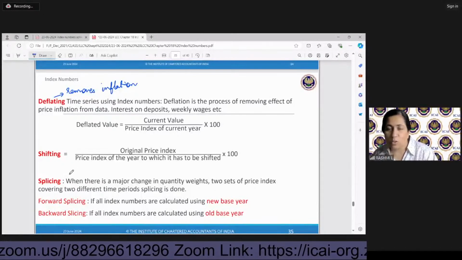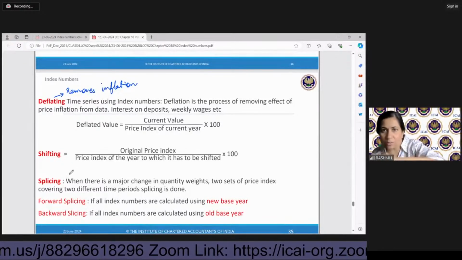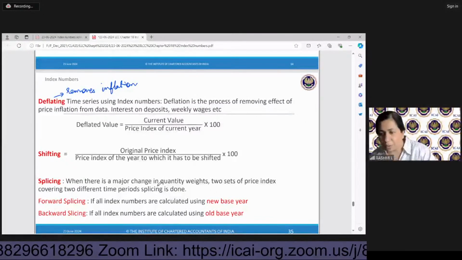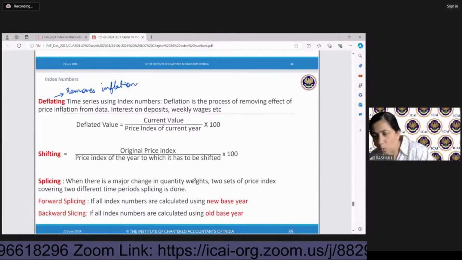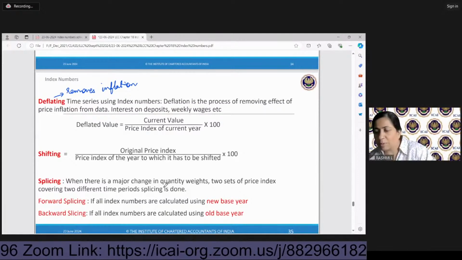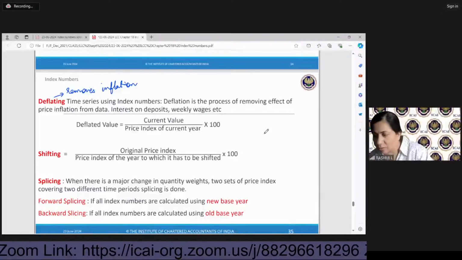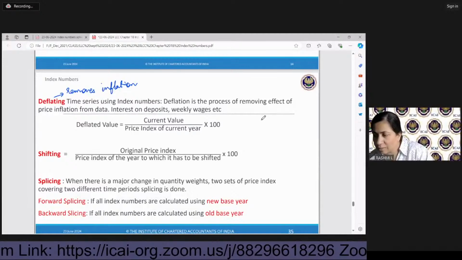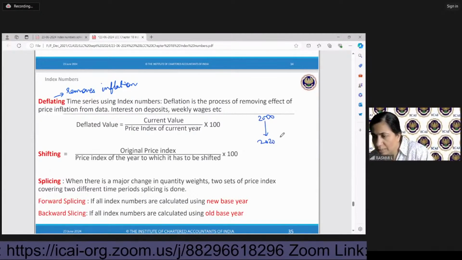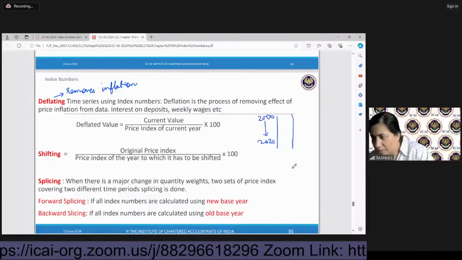Then splicing. So splice means what? You slice into two periods. So when there is a major change in quantity weights, two sets of price index covering two different time periods, splicing is done. Okay. So you will have, say, from 2000 to 2020, one set of data.